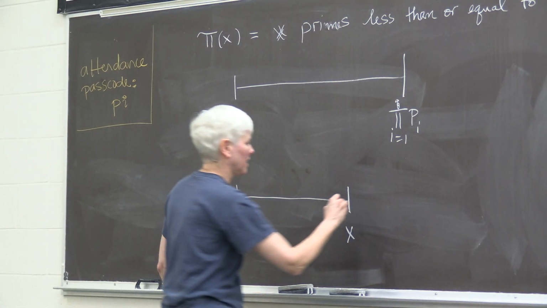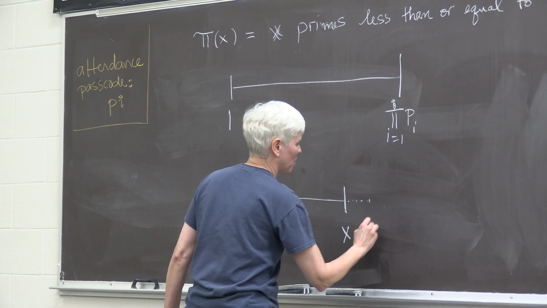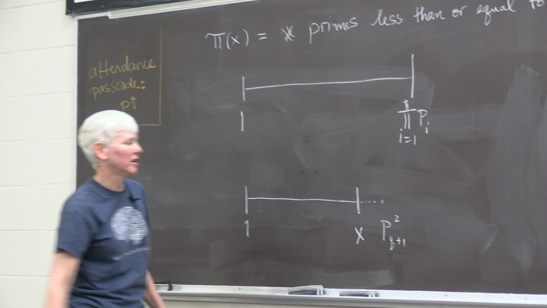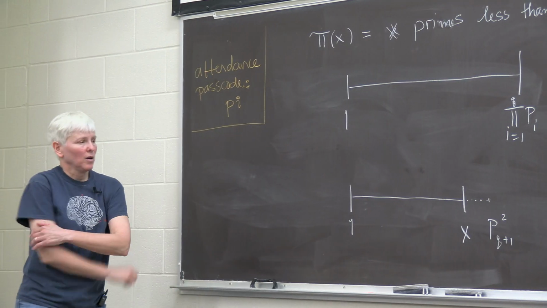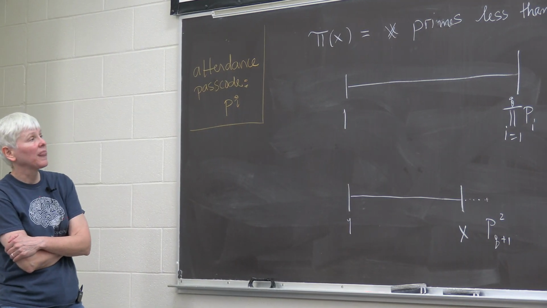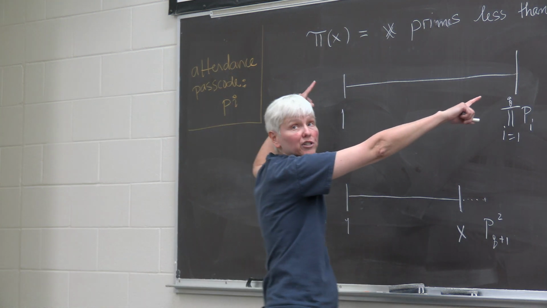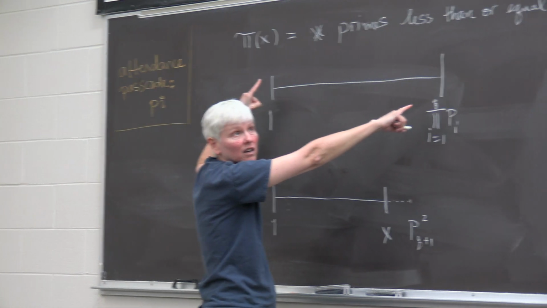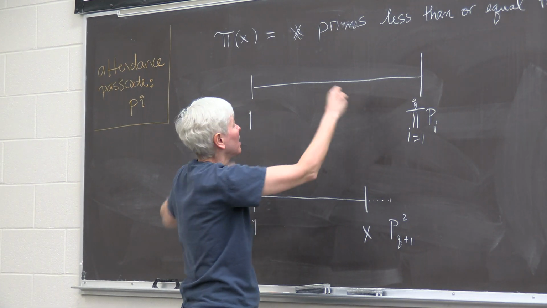And, you know, a little further on somewhere is PQ plus 1 squared. So I get x up there. And I know how many numbers are in this interval. I know exactly how many that are not divisible by the first q primes.